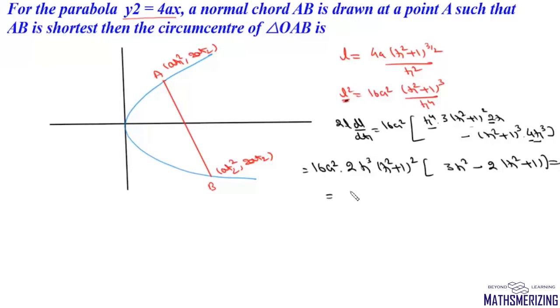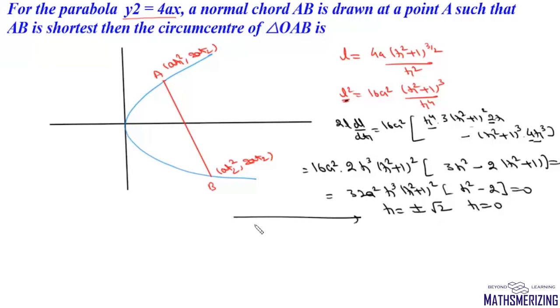Then we'll get 32a²t1³(t1² + 1)²(t1² − 2) = 0. So we'll get the value of t1 as plus or minus root 2, and we'll also get t1 as 0.